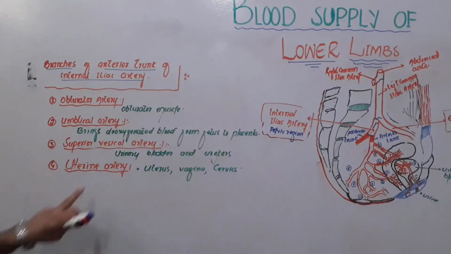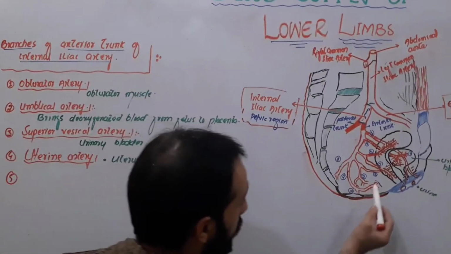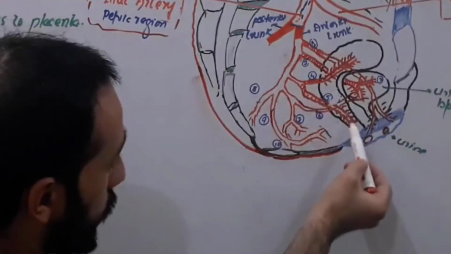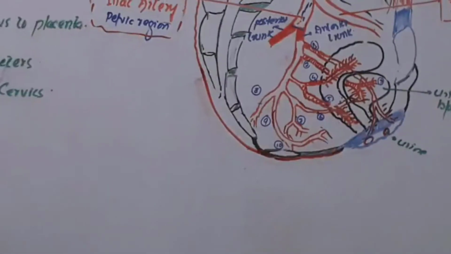This is the fourth artery, the branch of the anterior trunk of this internal iliac artery, the uterine artery. Then the fifth artery is the vaginal artery. You can see this branch, here is a branch going to the vagina. This fifth artery is called the vaginal artery.